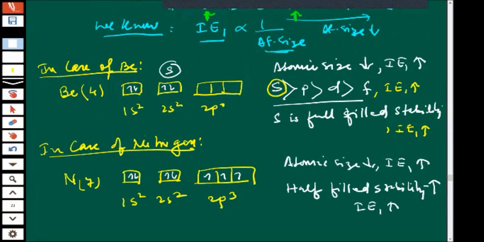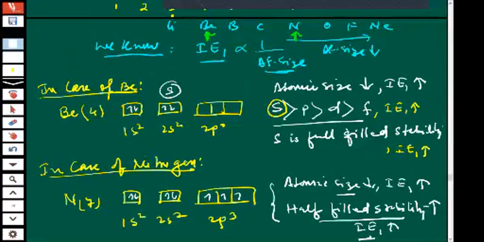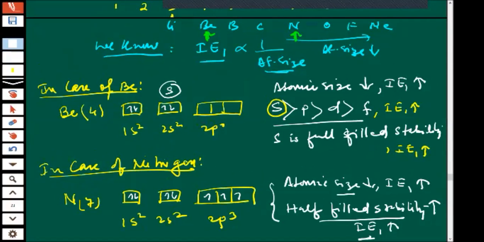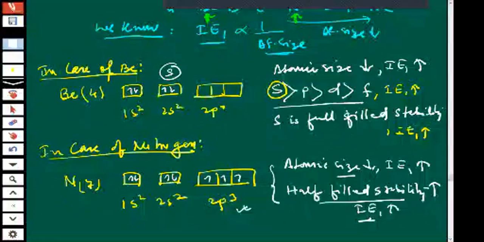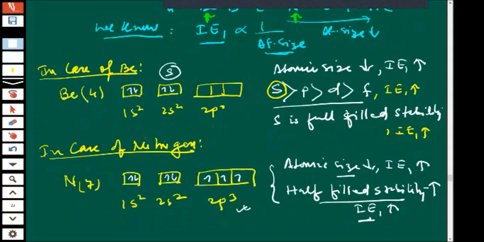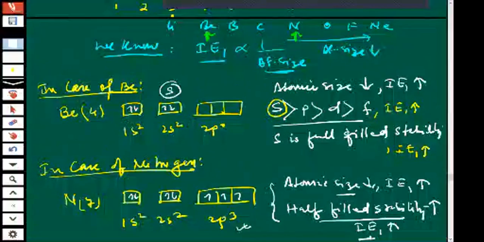So here two factors are working: atomic size as well as half filled stability of the p orbital. So we cannot remove electrons so easily from nitrogen, because the electron which we have to remove lies in the half filled stability of the p orbital. So these two reasons you can give for nitrogen, and these three reasons you can give for beryllium.